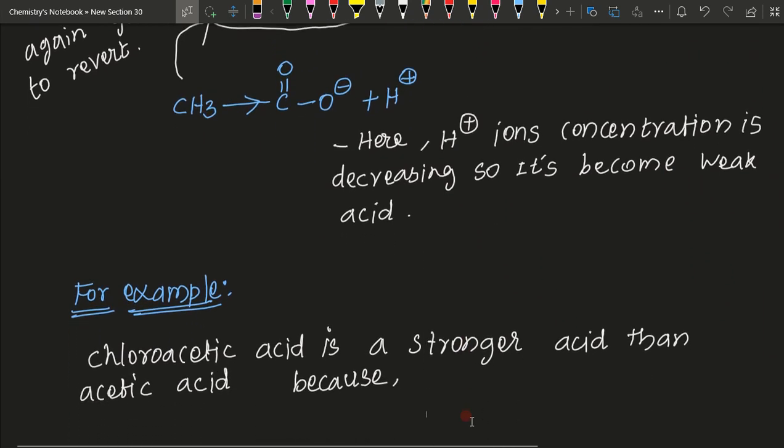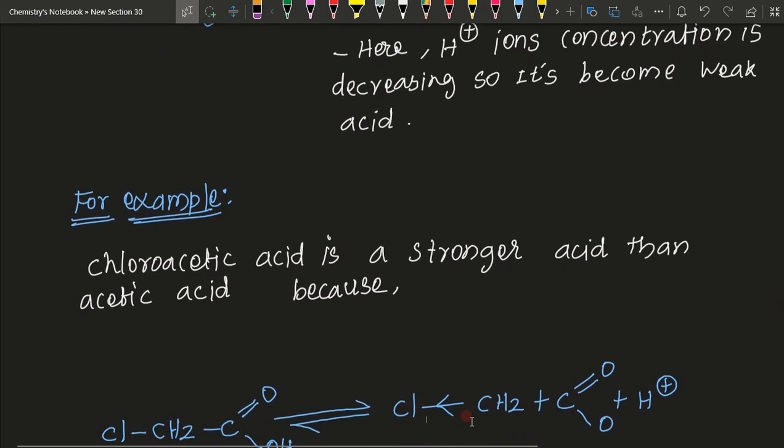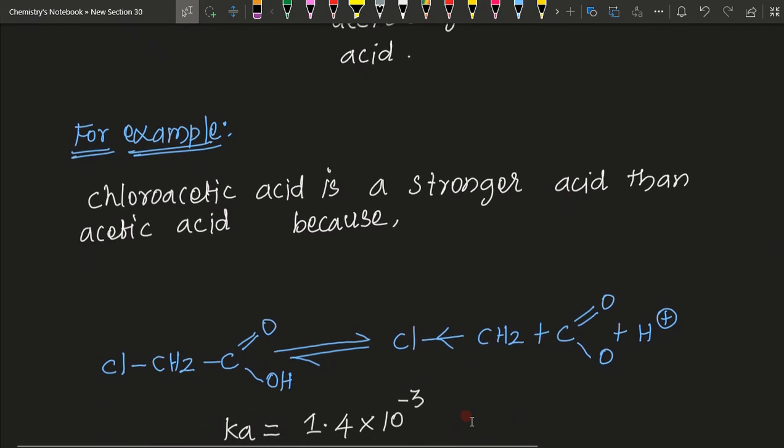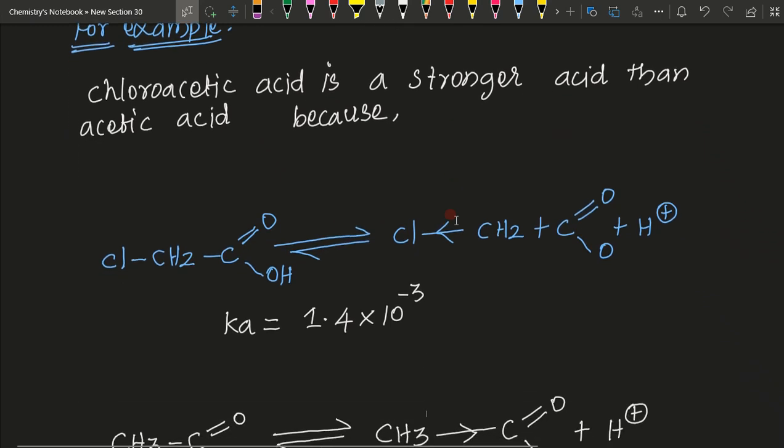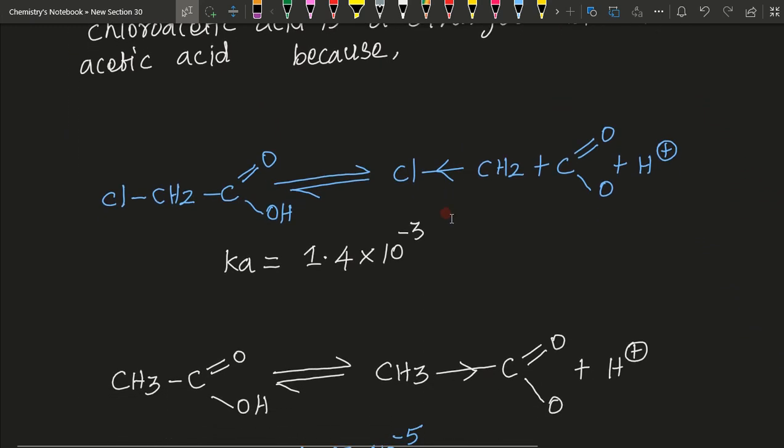For example, fluoroacetic acid is a stronger acid than acetic acid. Why? Because see, this is the fluoroacetic acid. This is going to dissociate.